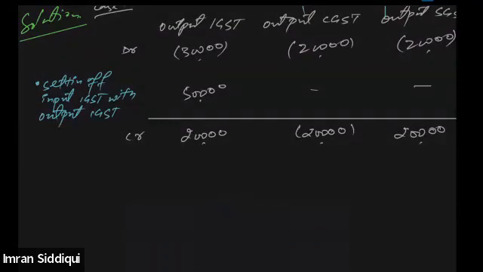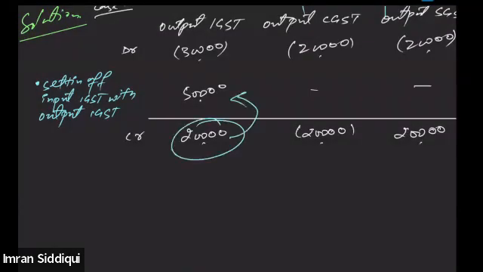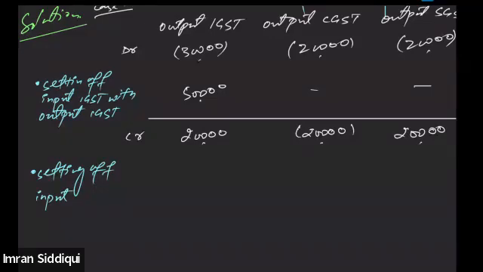Now the remaining amount, which we are not able to set off with the output IGST, we will now set off against the remaining input IGST with, tell me, with CGST and SGST, right? Input CGST and SGST.